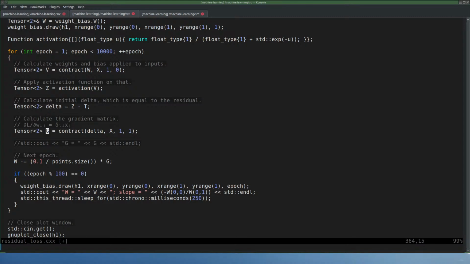I cannot divide a tensor at the moment by a scalar. I can only multiply it. So I thought, why not, I have to multiply it with the learning rate anyway. So let's do floating point divided by a floating point, and only then multiply it with every element of this matrix. Otherwise, I would have to divide every element here by this, and then multiply it again with 0.1.